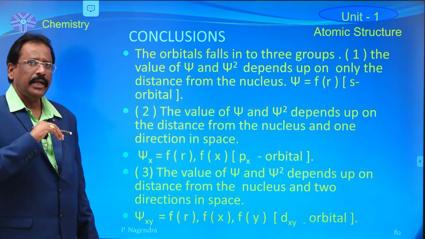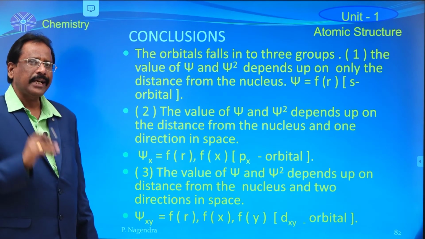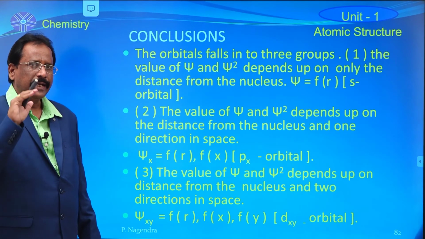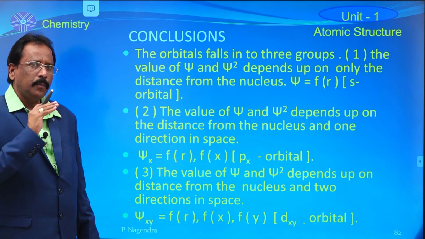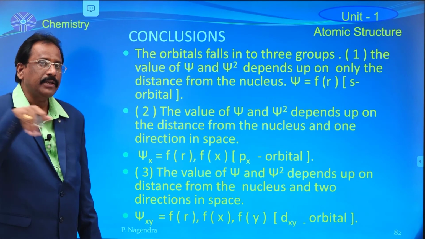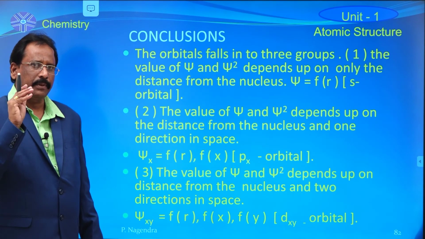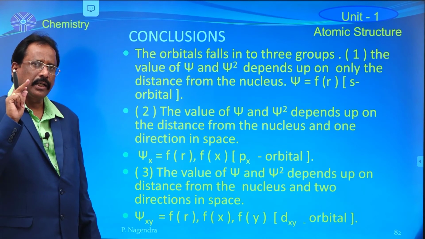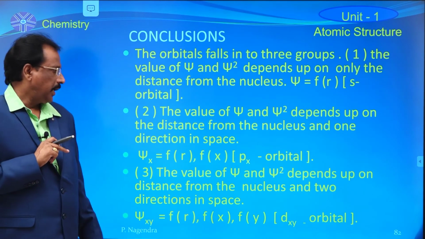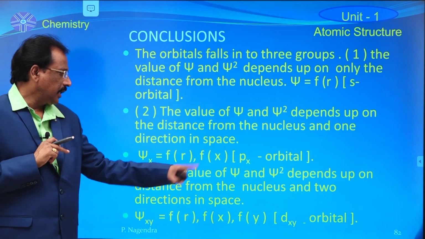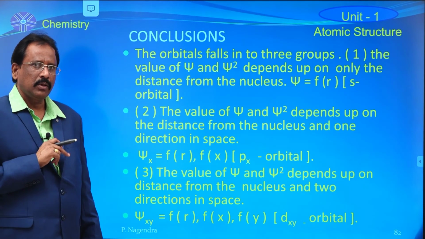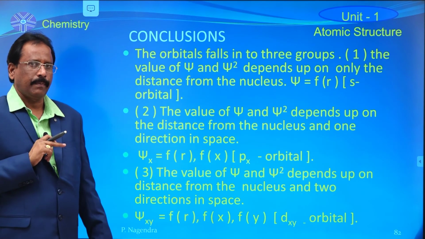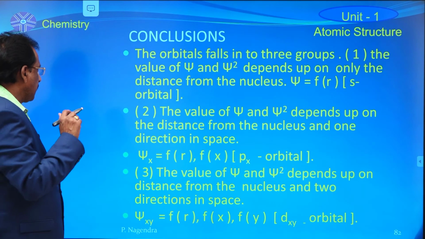Out of 5 d orbitals, dxy, dyz, dxz, the lobes are concentrated in between the axes, each d orbital containing 4 lobes, each p orbital containing 2 lobes.